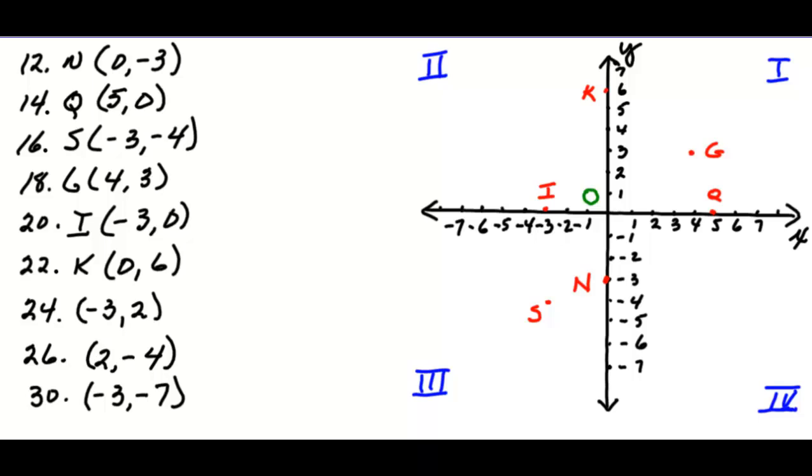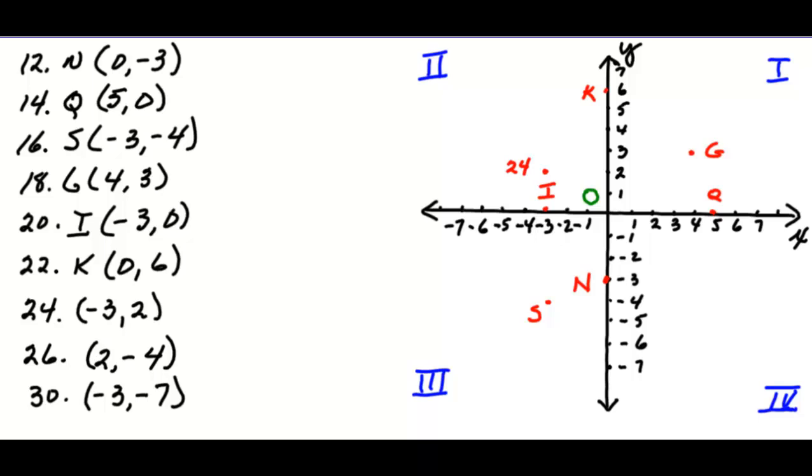Well, since you know that the first quadrant is all positives, x and y are positive, in quadrant number 2, the x is negative, the y is positive. You don't really have to plot it, but we're going to plot it anyways. So we go -1, 2, 3, and then we go a +2. So we point that point right there. That's for number 24. And we see that's in quadrant 2.